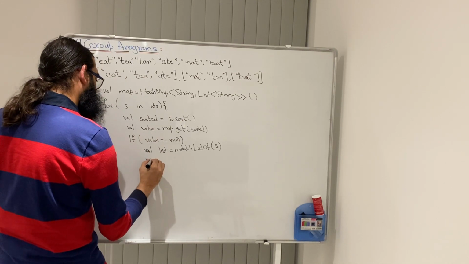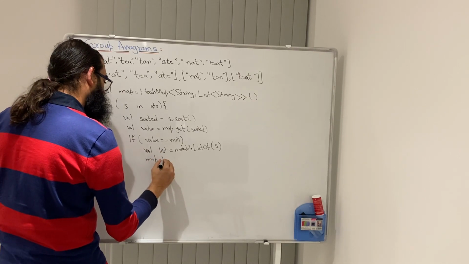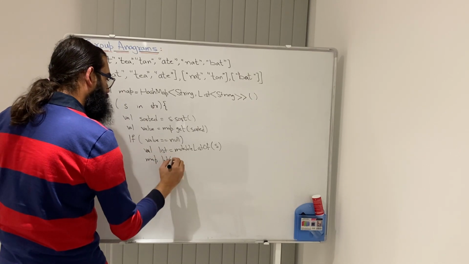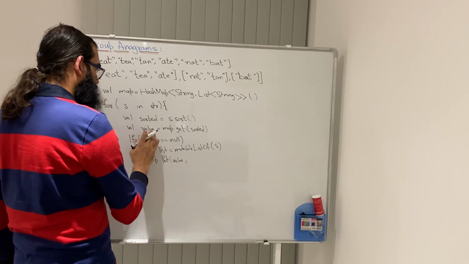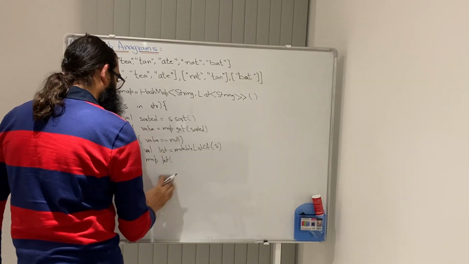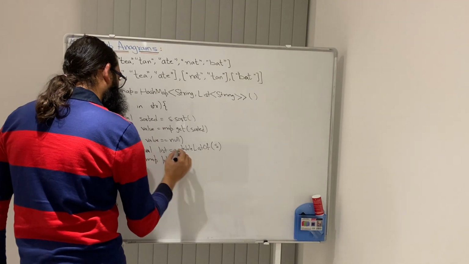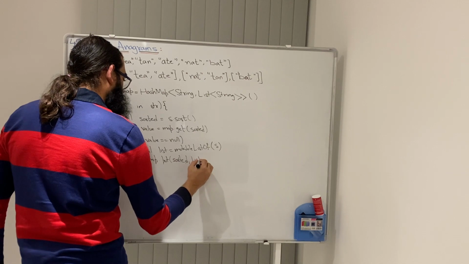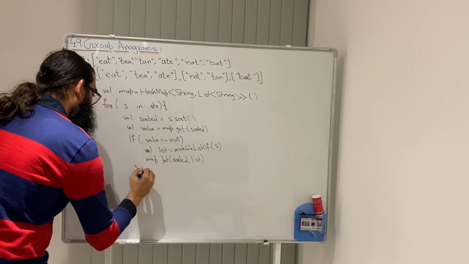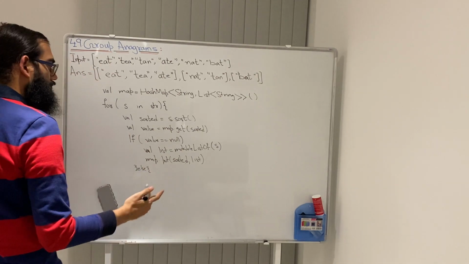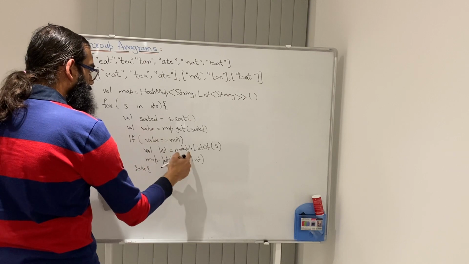And then after that I will say map dot put against the key. Sorted is my key, and list is my value. Else, if it's already there, it means value is not null, and value is basically a mutable list.